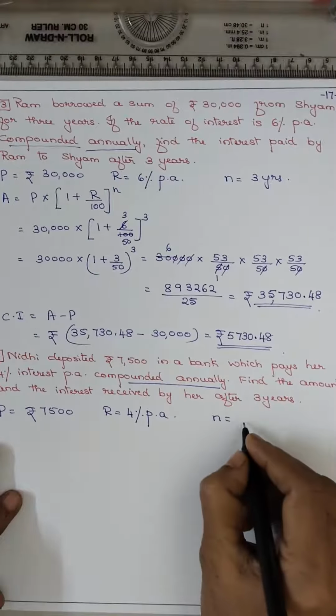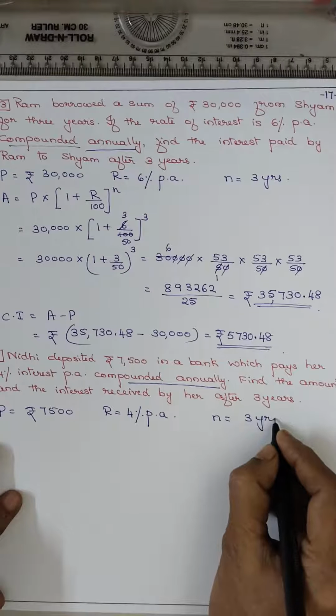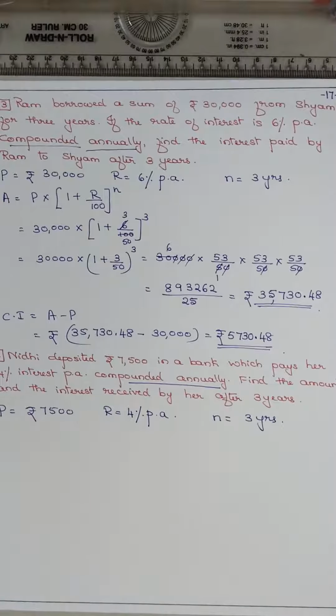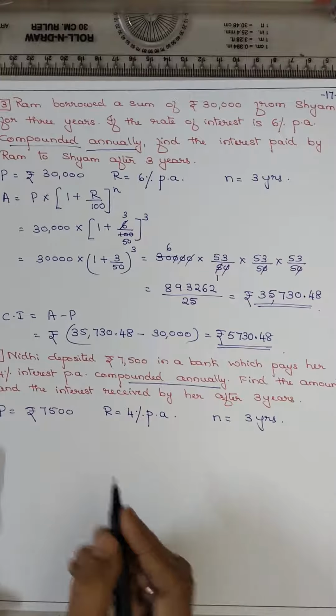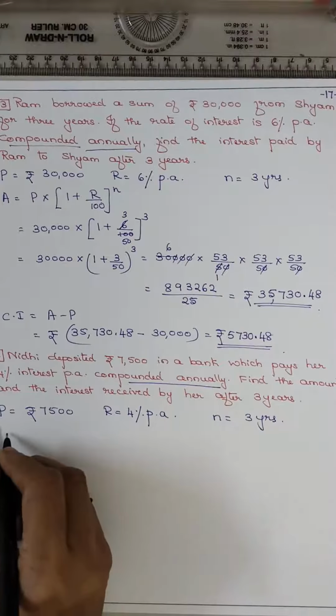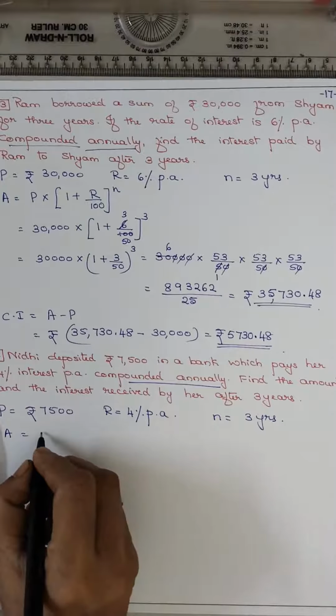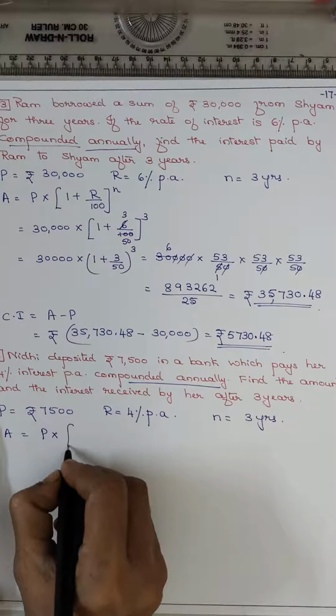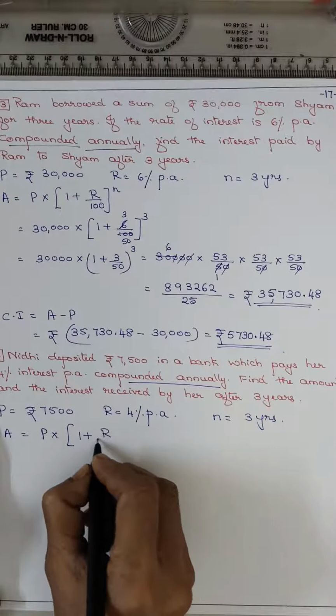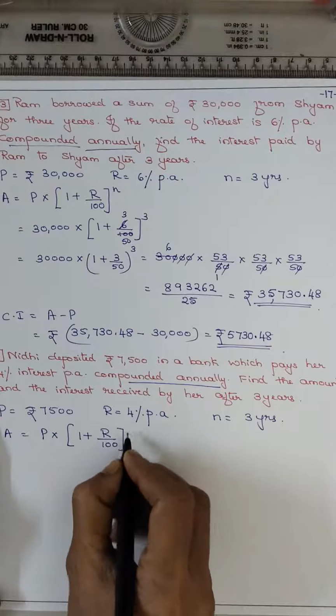N is equal to 3 years. So as I have told you, underline compounded what? Yearly, half yearly, quarterly. Now you have to find out both amount and interest. A is equal to P into 1 plus R upon 100 the whole raised to N.